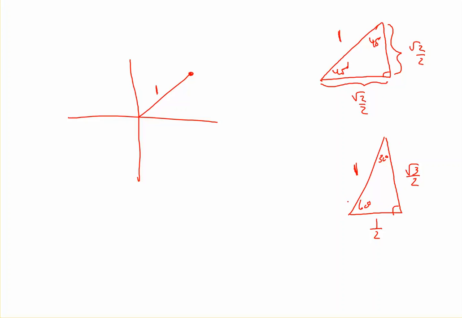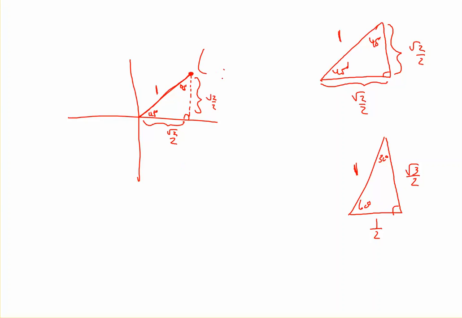Based upon these, if we go out an r value of 1, then we drop an altitude back down to the x-axis, and we find that this is 45 and this is 45. We know the distance here is square root of 2 over 2, and the distance here is square root of 2 over 2.